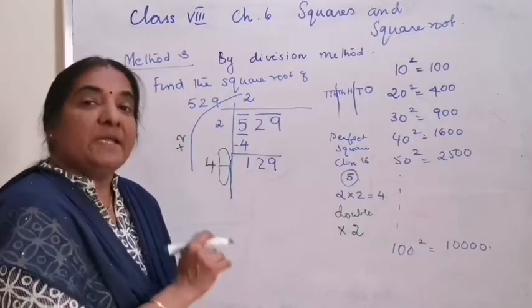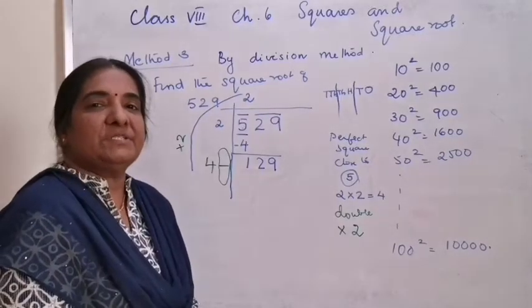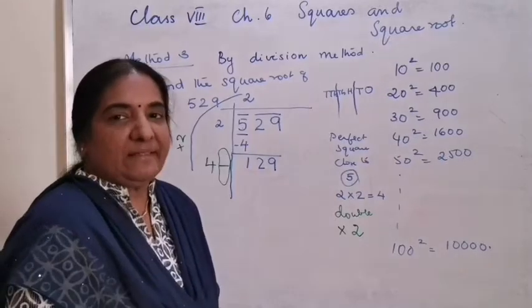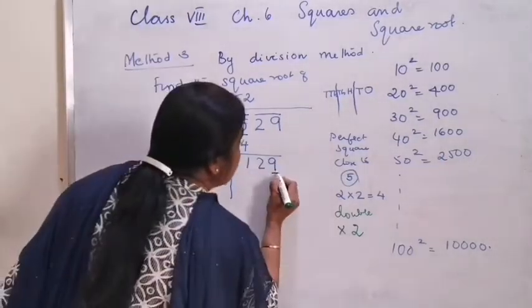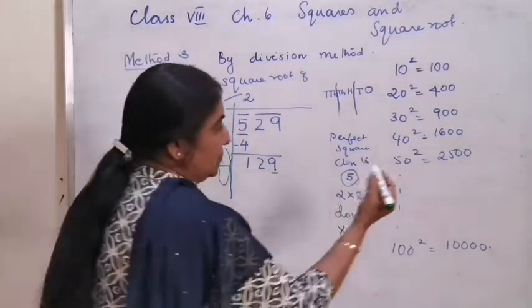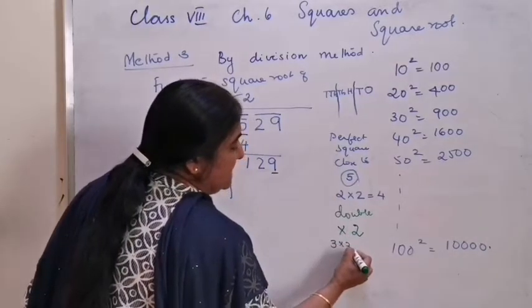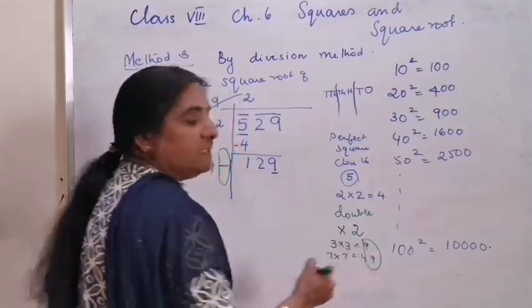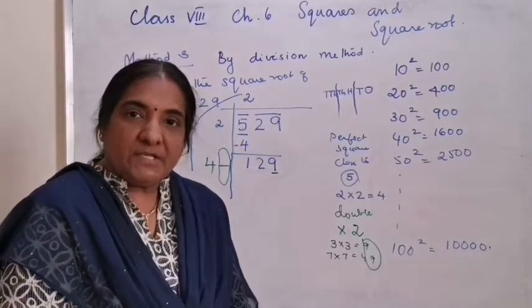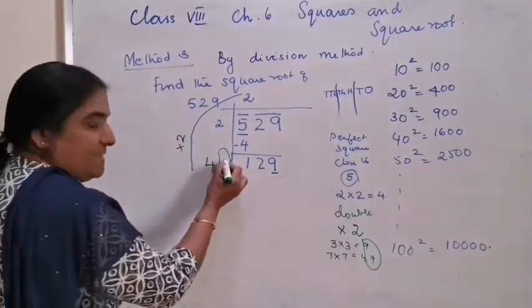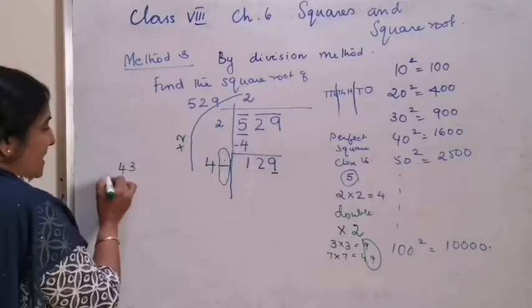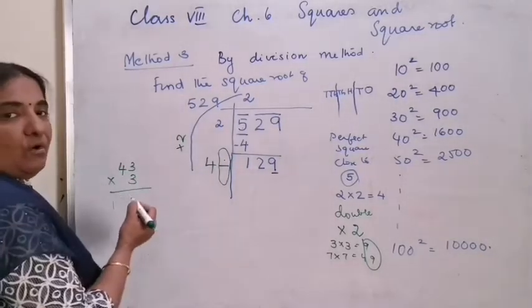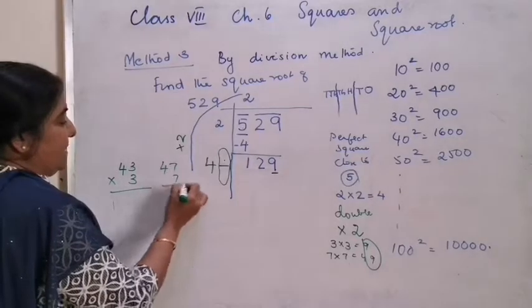And now here also you can use a bit of an easy method. If the last digit is 9, you know the table is either 3 threes are 9 or 7 sevens are 49. We learned the property. So the number here can be either 43 into 3 or 47 into 7.